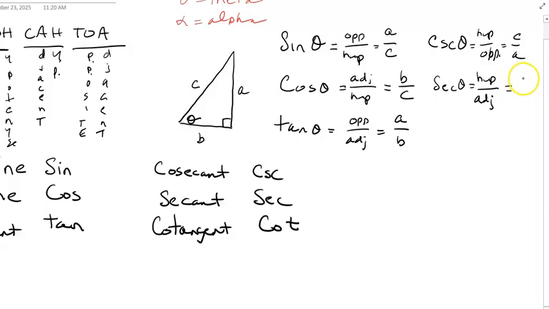And that's going to be C over B. And cotangent is adjacent over opposite. And that's going to be B over A. So you can see the fractions are reciprocals.